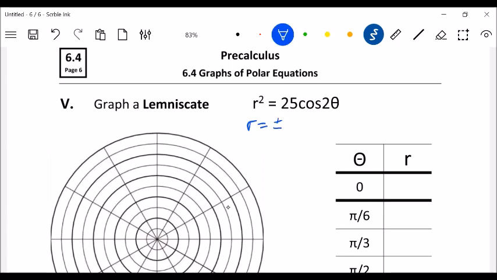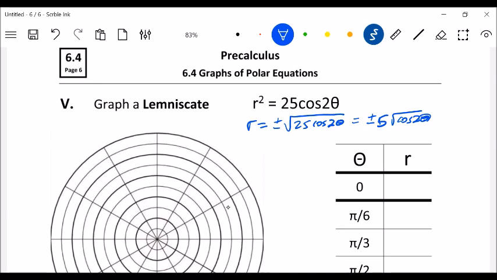R equals plus or minus the square root of 25 cosine 2 theta, which is equal to plus or minus 5 square root of cosine of 2 theta. So if you put 0 in for the angle, and then twice that is 0, the cosine of 0 is 1. So we get the square root of 1.